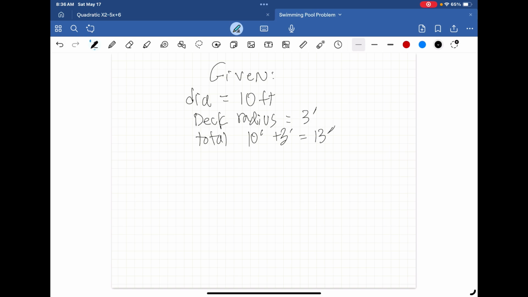Okay, so that's the outside radius. The water depth is equal to 4 feet, and we need the conversion factor that 7.48 gallons is equal to 1 cubic foot. So there's the basic information that we need to know.